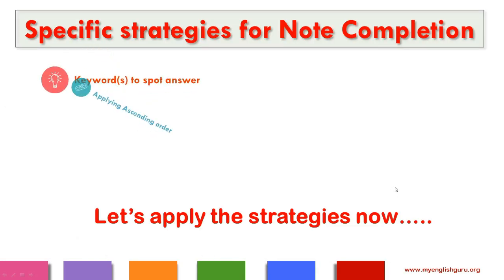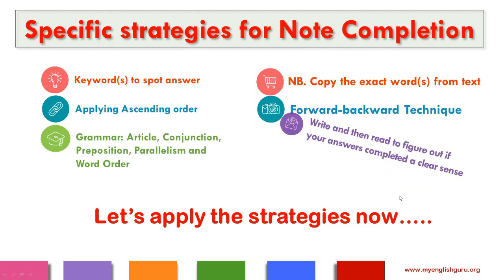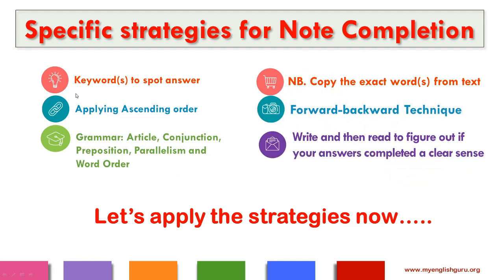Now we have some specific strategies to know. Just before we go to the question paper, let's have a look. Keywords to spot the answer. You have to find keywords from the text to spot the answer, but you have to apply ascending order as well. And second, grammatical rules are very important. You have to figure out whether you have articles, conjunctions, or prepositions, or you have to use parallelism in some cases, word orders as well.